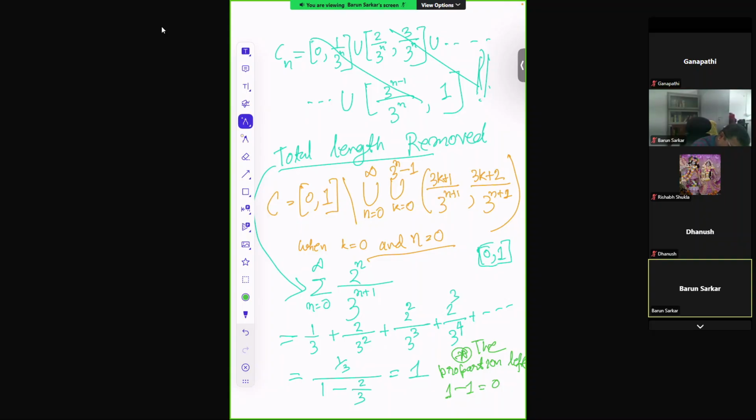It is 0. So you are removing the whole thing. What you are left with are certain points in the 0, 1 interval, very small intervals.